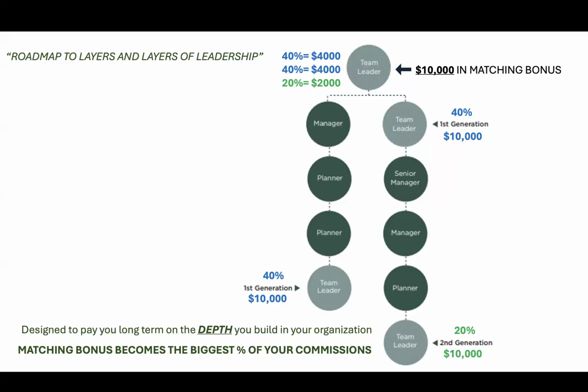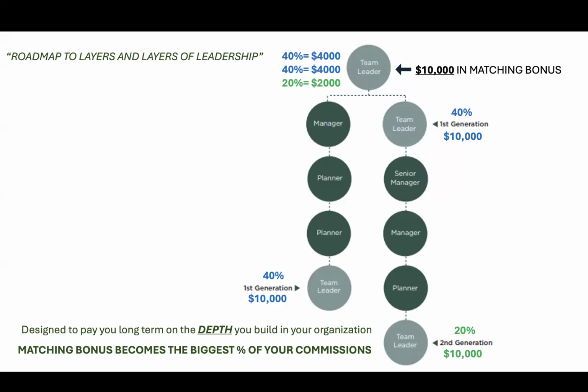When you break a bunch of team leaders, by the time you're a team leader, that means you're a leader already running your own open line business, getting paid 40% differential on the entire depth of your own business. So if you build multiple team leaders, it's literally putting your business on autopilot, because a team leader doesn't really technically need your help.